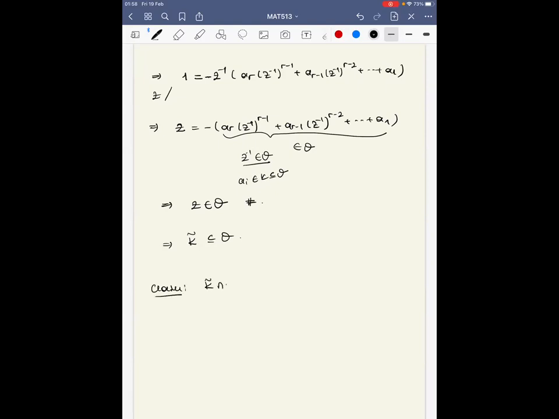And finally, in order to see that K tilde has trivial intersection with the maximal ideal P, we suppose otherwise. Since the full constant field lies in O, we see that x inverse is also algebraic.